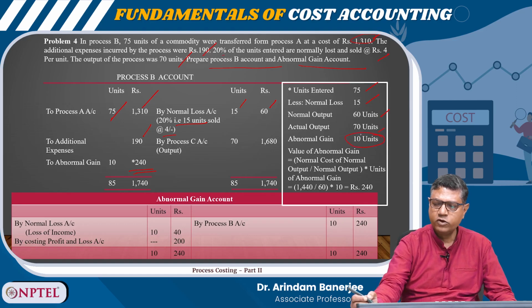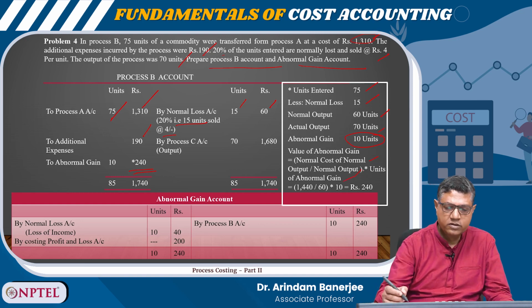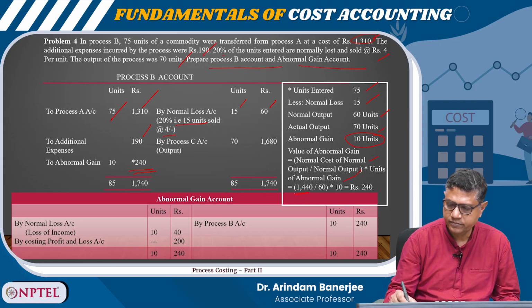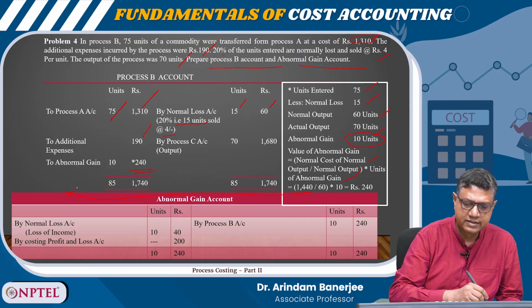Now, value of abnormal gain I can calculate by using this formula: normal cost of normal output divided by normal output into units of abnormal gain, right. So, this value is coming to 1440, right. How is this 1440 coming? It is like this.